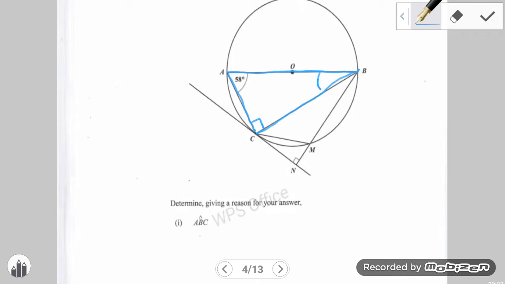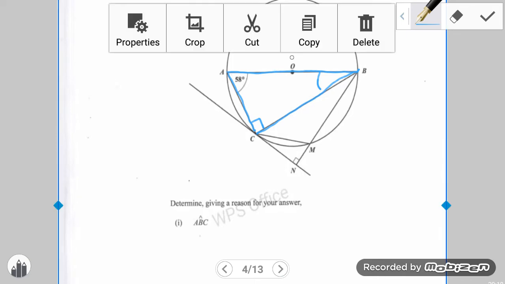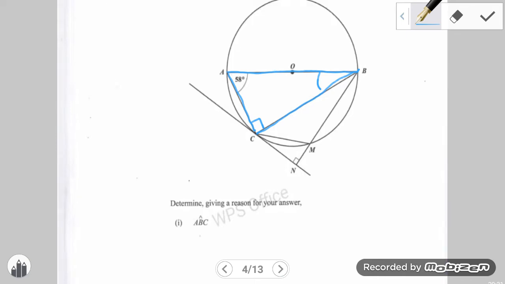And we can support the fact that this angle is exactly 90 degrees by using the rule that says that the angle at the center of the circle, so there's an angle here at the center, which is exactly 180 degrees, is twice the size of the angle at the circumference.